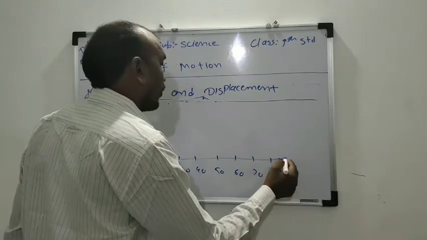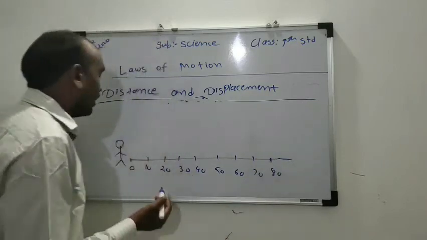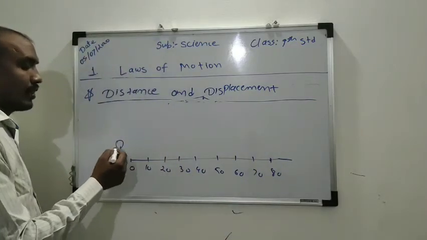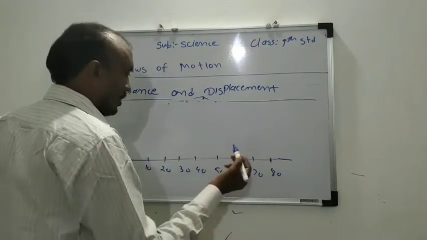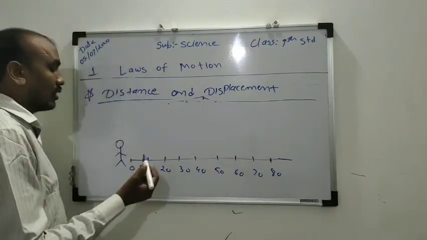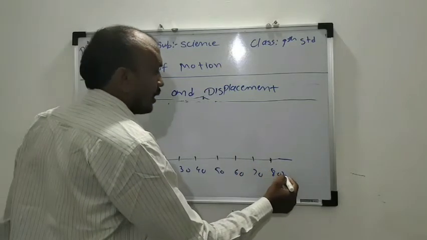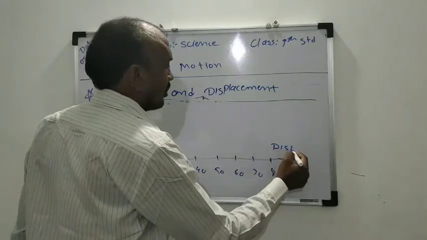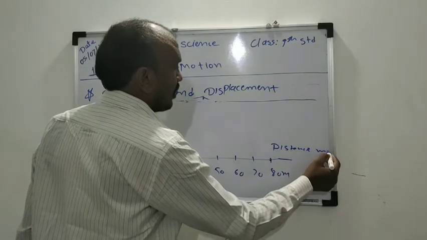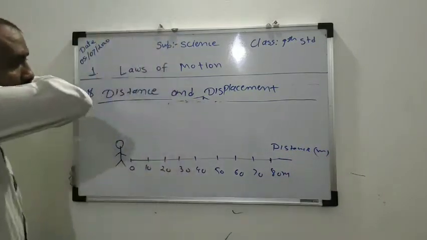Here is 80 kilometers. Kilometer is a very big unit, that's why we use meters. Distance in meters.